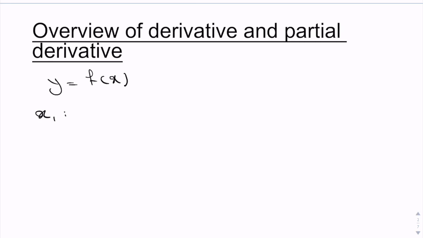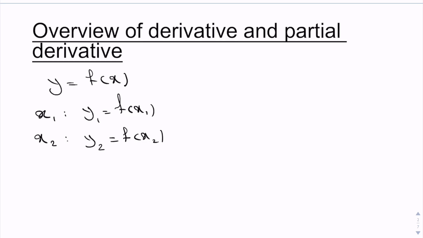This function generates y1. And then for another value x2, this function generates y2. Also consider that x1 and x2 are close to each other.